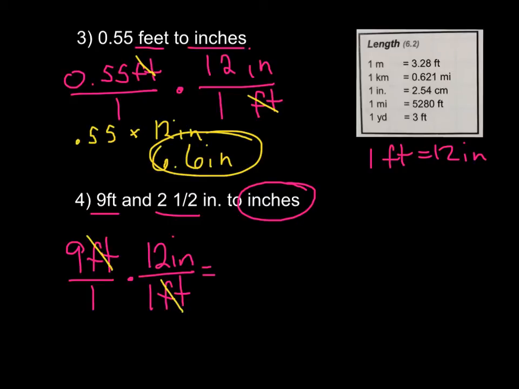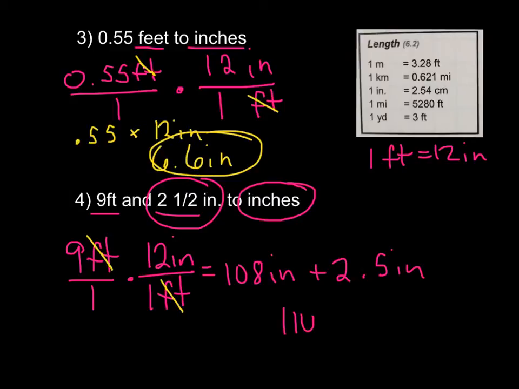When you do 9 times 12, excuse me, you get 108 inches. But don't forget, we still have this right here, so we're going to add 2.5 inches. So that gives us 110.5 inches. Okay?